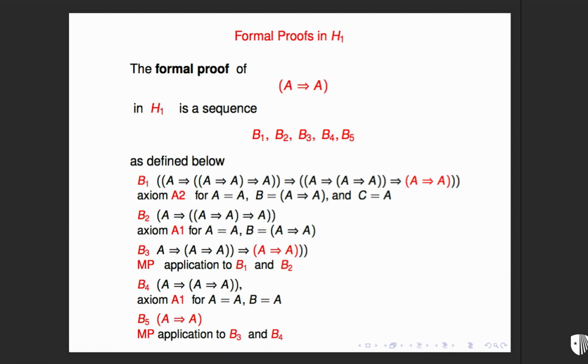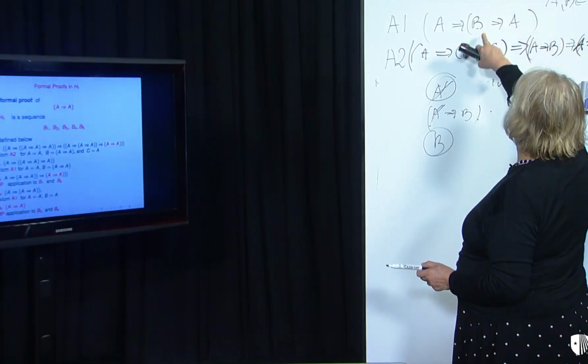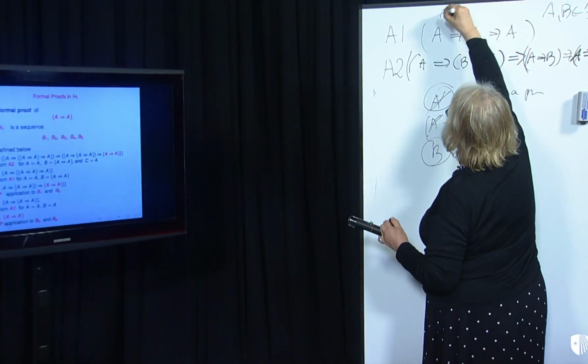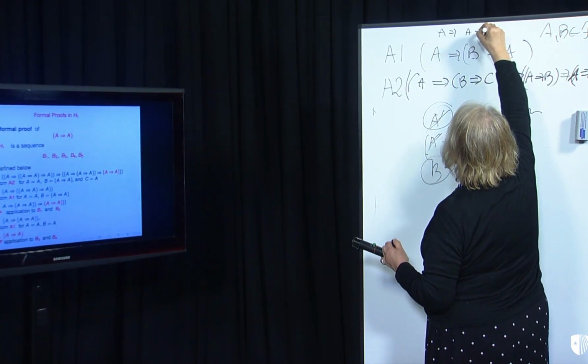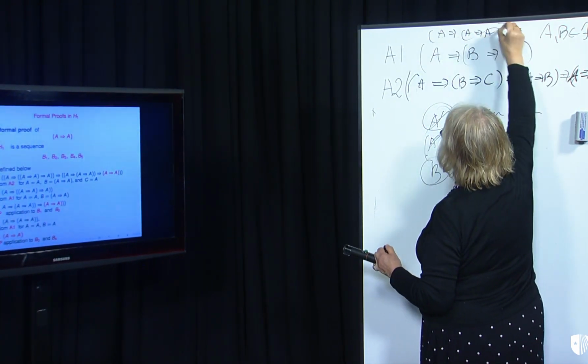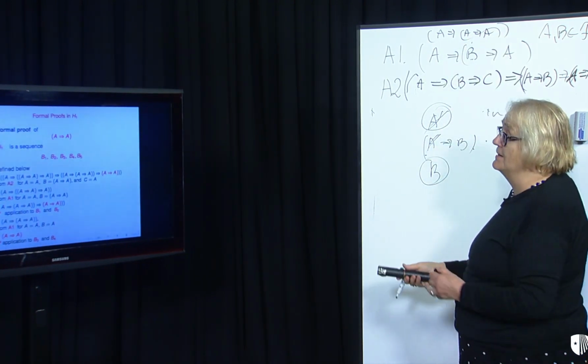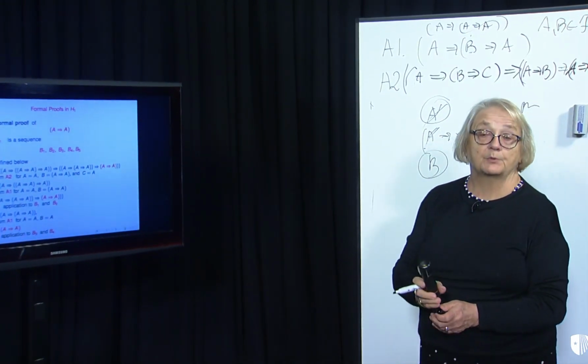So now, I have this. Can I cut this? I can put axiom A1. When you look at this, it is a particular case for B equal A. You would get A implies A. So that is a particular case of axiom A1, and I cut it again, and I have a proof.